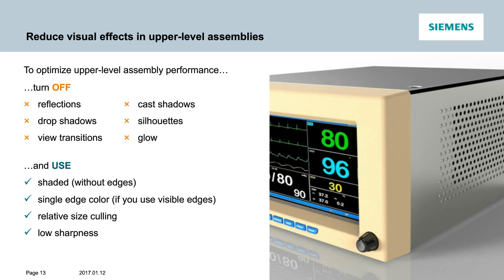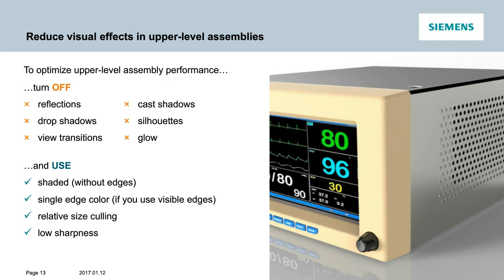And Ken mentioned some of these earlier: reflections, drop shadows, self shadows or cast shadows, silhouette edges. It's a good idea to use shaded mode rather than just the edge display. That's because of the video card hardware taking over some of that functionality. And if you have the option to use a single color for edges rather than multiple colors, that's also better.